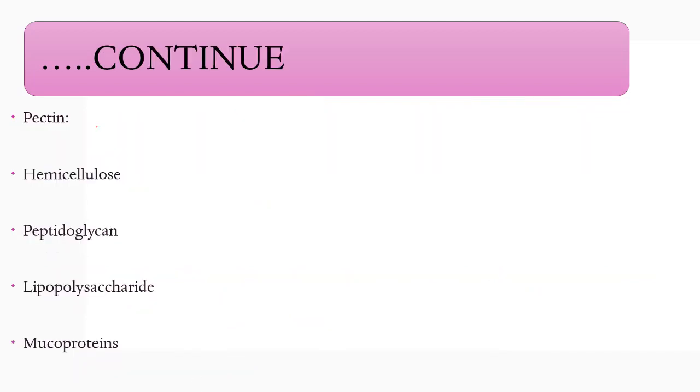Pectin already discussed. Hemicellulose already discussed. Peptidoglycans are basically mucosubstances, and they are considered as mucopeptide or murein. It is formed of heteropolysaccharide chains cross-linked by short peptides.